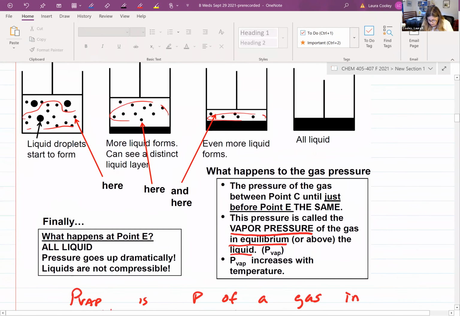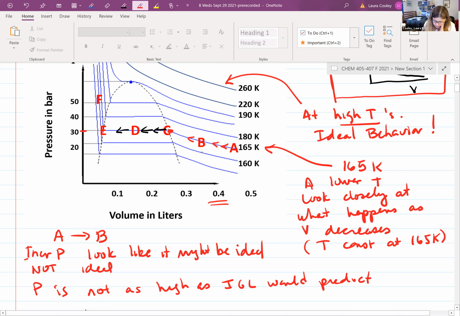So if you look at this diagram again, you see this is completely horizontal here, and this is actually the vapor pressure. This is the vapor pressure at 165 Kelvin for methane. These are very cold temperatures. Methane is a gas at fairly low temperature.